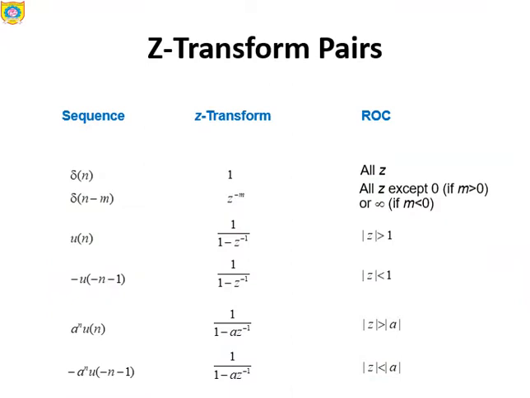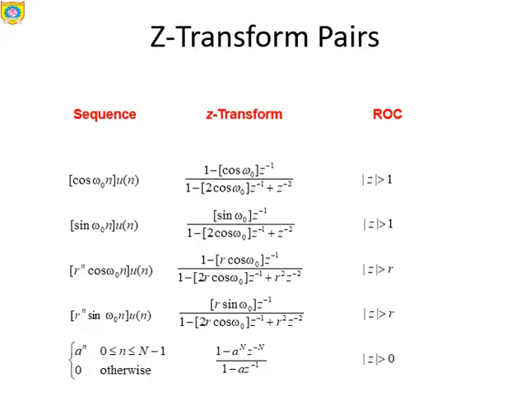Now let's see another set of pairs dealing with trigonometric applications. Let's say here, it is cos omega 0 n u of n. This can be easily solved by the equations of cos omega 0 by simplifying it.